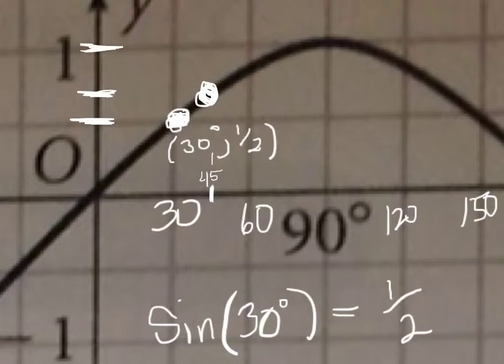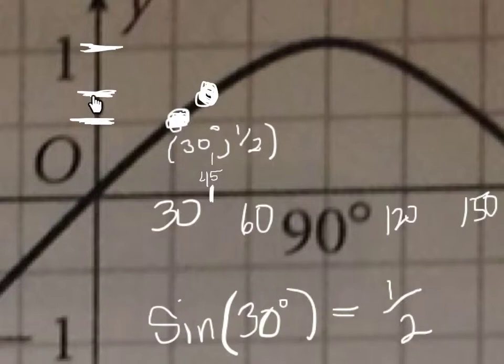And they want us to say, using the graph y-coordinate, not the y-coordinate of the unit circle, what is sine of 45 degrees? Well, we could look at it on the graph.